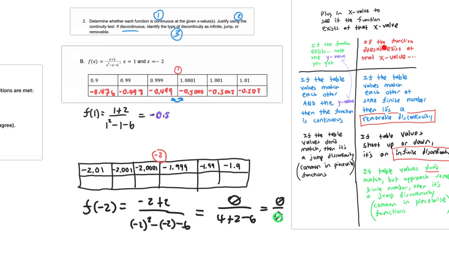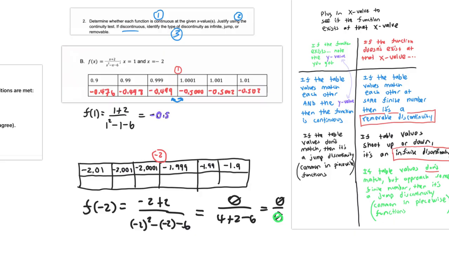So that puts us in this column: if the function doesn't exist at that x value, we're in this column. Now, we still want to see if the table values match each other. So I'm going to investigate over here.